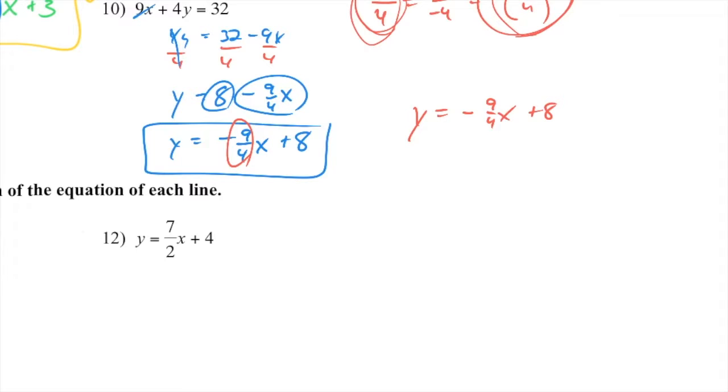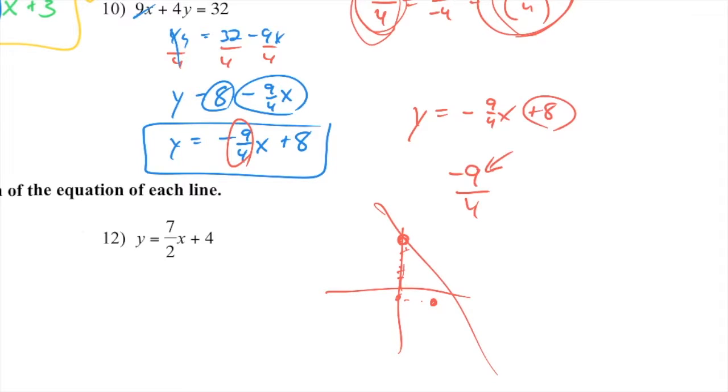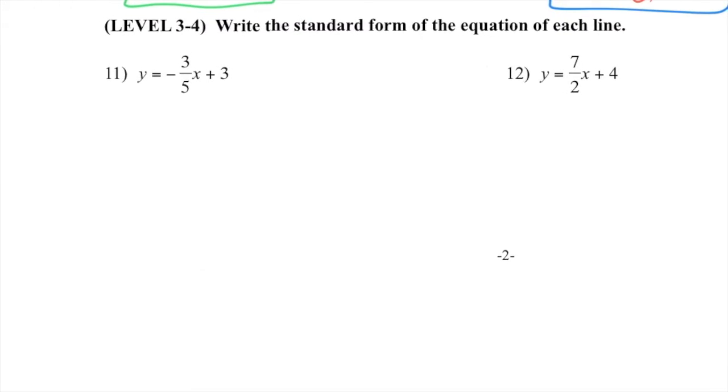But it's easiest for me to think about -9 over 4 when I'm graphing. If we graphed it, this would be plus 8, start at 8, and then it rises -9 and runs 4, and there's your line, if you hit that point. All right, moving on. You didn't need to graph that, by the way.